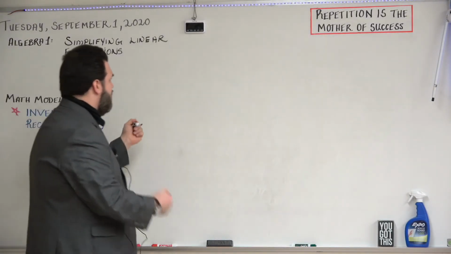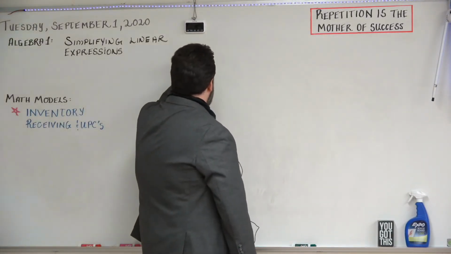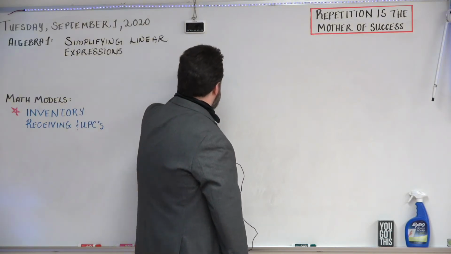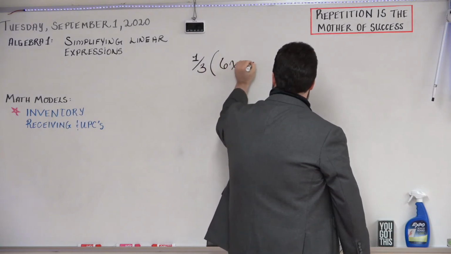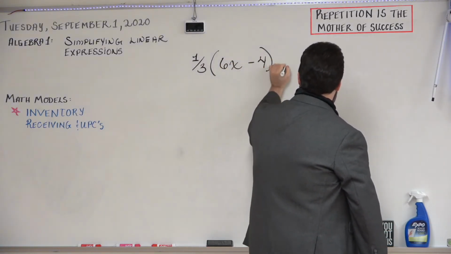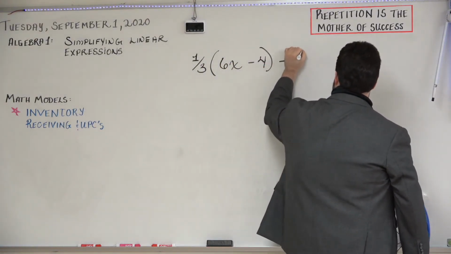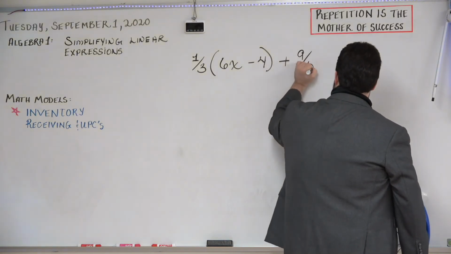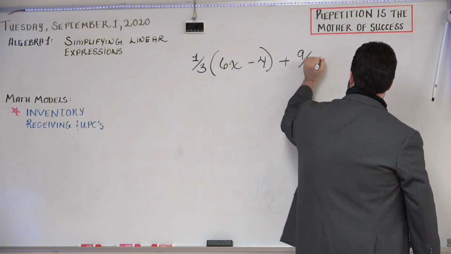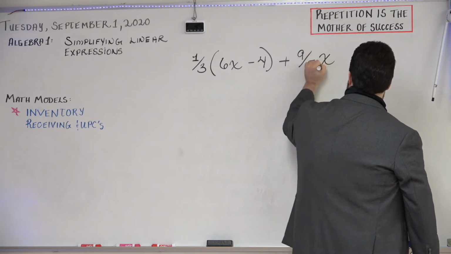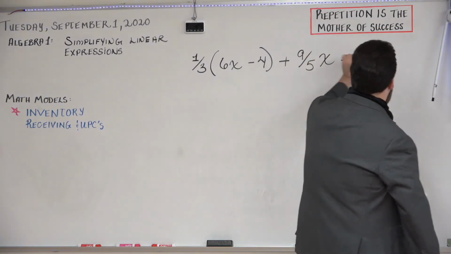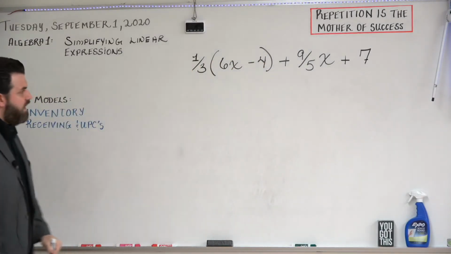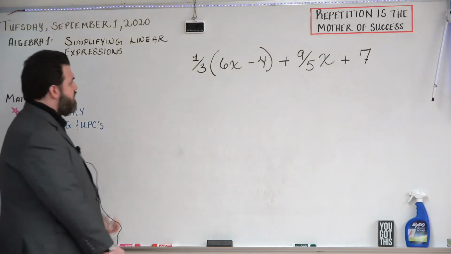This will be our last problem. 1 over 3, open parentheses, 6x minus 4, close parentheses, plus 9 fifths x plus 7. And once again, you're asked to simplify.